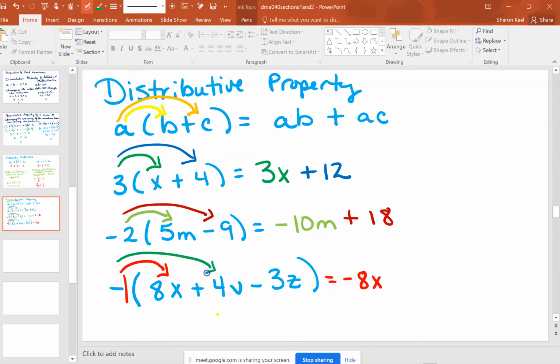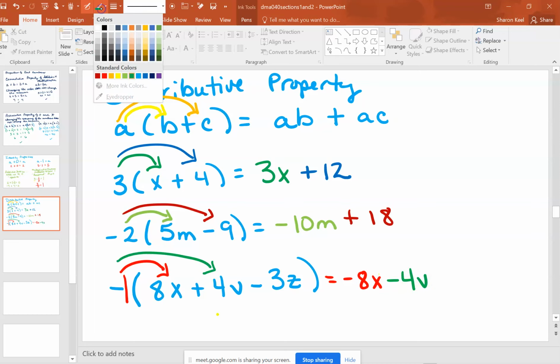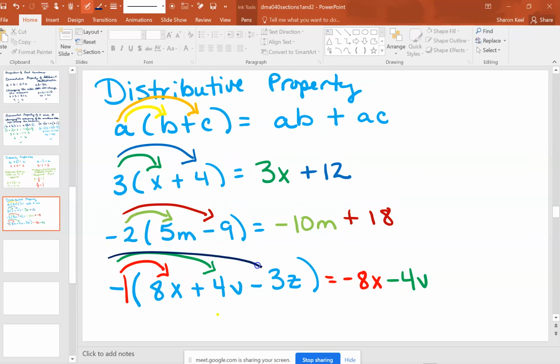Here, negative times positive gives me a -4v. On my last term, negative times negative gives me a positive 3z. So if it's a negative sign alone in the front, it's going to change the signs of everything that is inside of the parentheses.